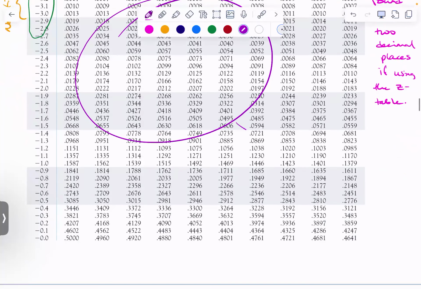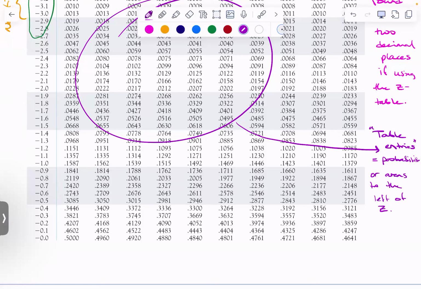These, we call them table entries, which are probabilities, or areas to the left of Z. It's always going to be areas to the left.